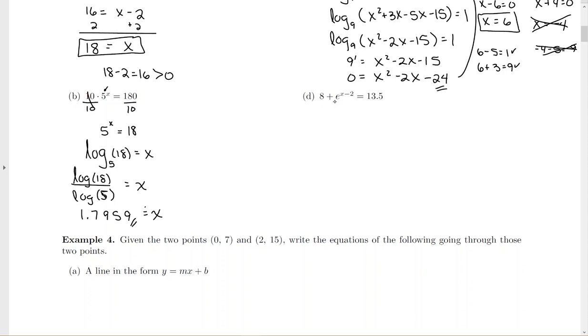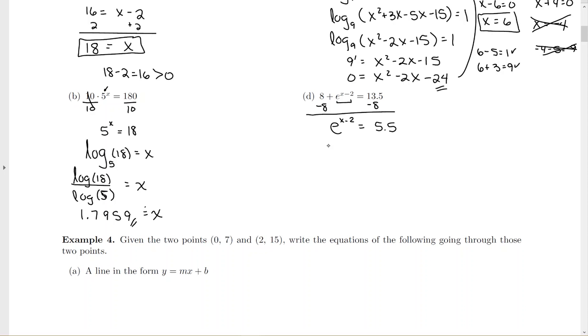And then for letter D, again, get the exponential by itself. So I see an addition sign, which means I need to use addition subtraction property to get rid of the 8. It's a positive 8, so take away 8 from both sides. Okay, and then hold the numbers on your calculator. Ultimately, you're going to be using these again. This is 5.5.